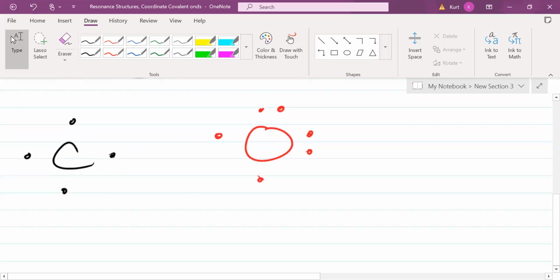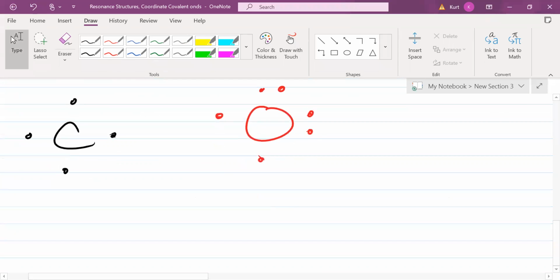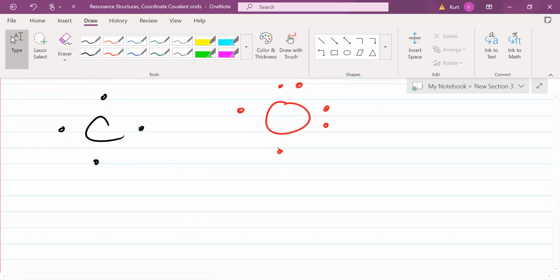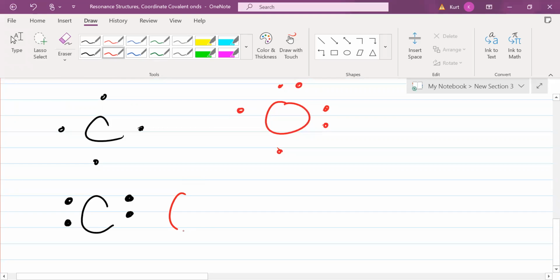If you're having trouble seeing that, whether you're at home or watching this class, here's what he did. Guys, pay attention because he's right. How many valence electrons does carbon have? 1, 2, 3, 4. How many valence electrons does oxygen have? 6.